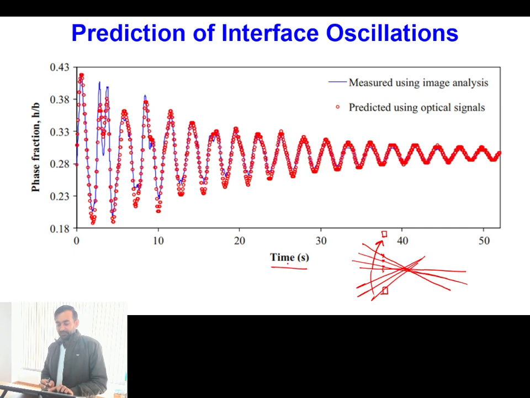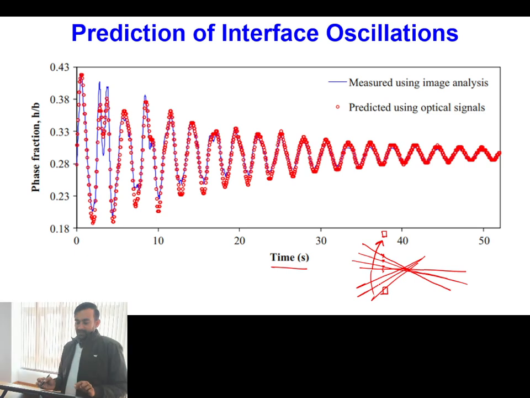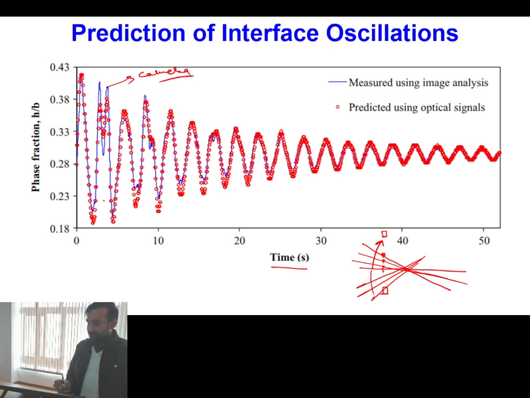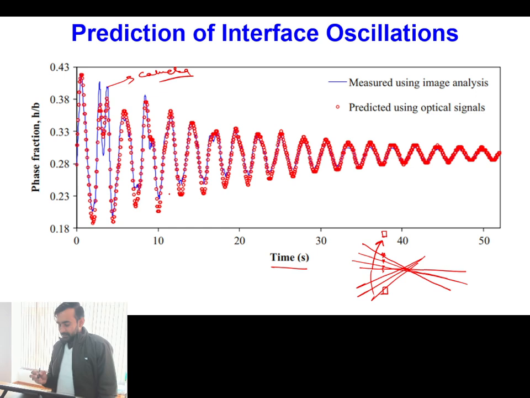If I plot the phase fraction as a function of time, then for any signal this blue colored line is the position of the interface as a function of time, captured from the camera, and all these red colored circles are data obtained from the optical signals.